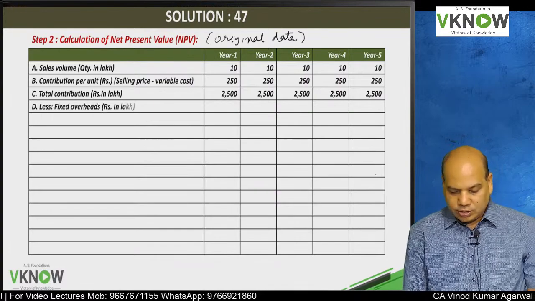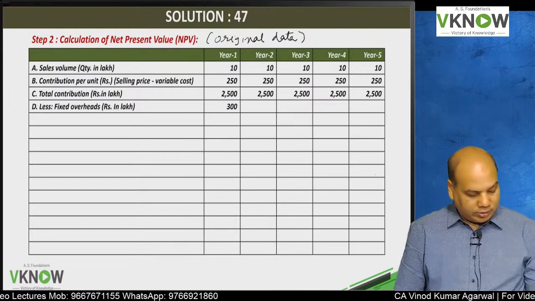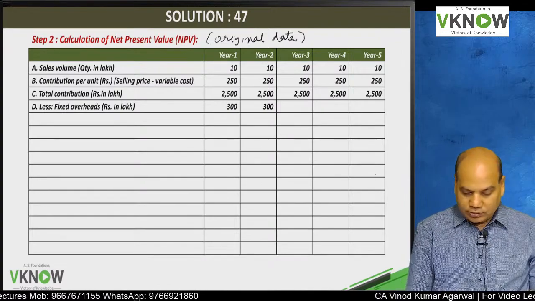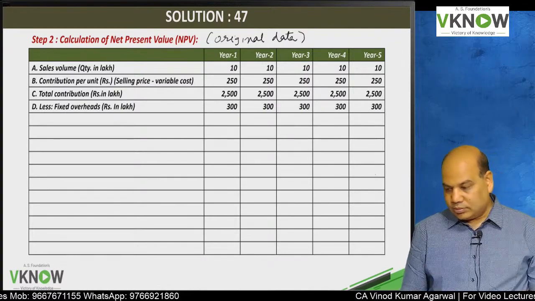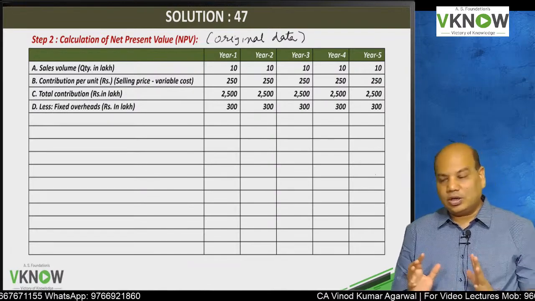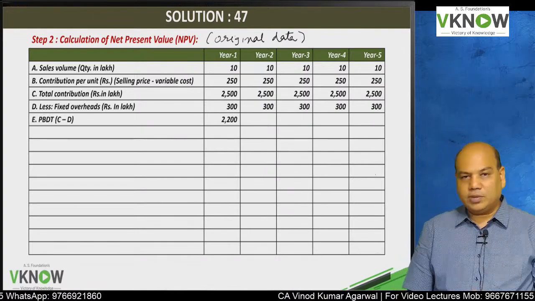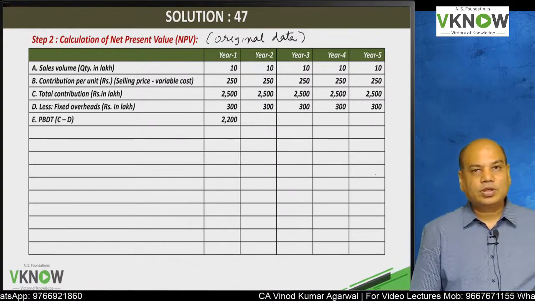Up to this any query? Less fixed overhead, that is also given 300, 300, 5 times. This is excluding depreciation.